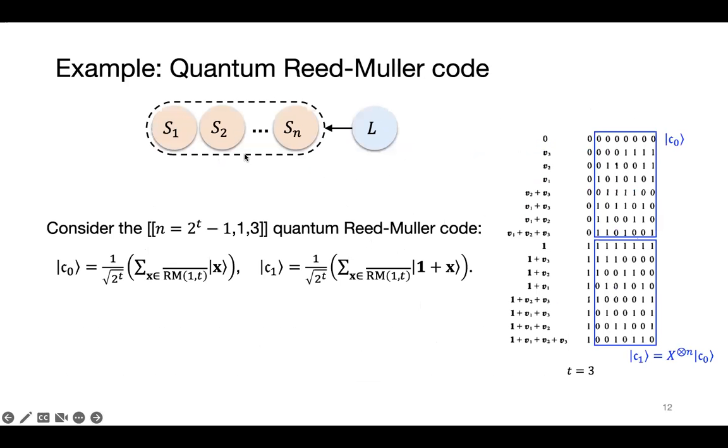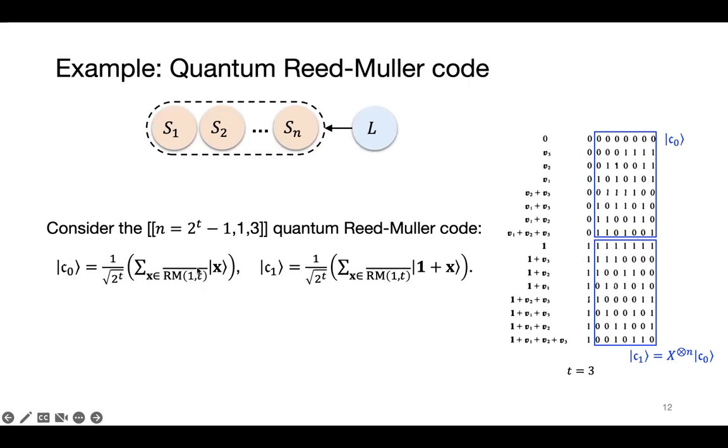So now I'm going to provide 2 examples of error code that nearly saturate our bound. The first type of code is an exact error code, and it is called the quantum Reed-Muller code. I'm going to consider the 2-dimensional case, which means we have only one logical qubit.